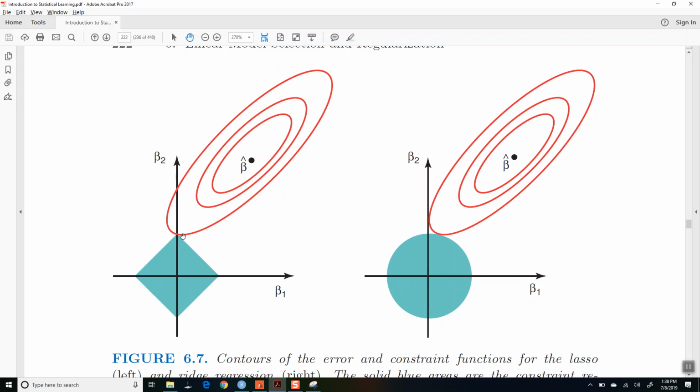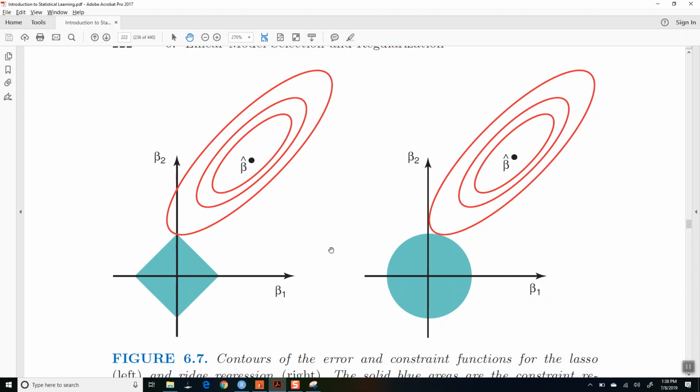And what a corner means is that one of the variables is 0 and the other variable is not 0. If you extend this into hyperspace, you'll still get corners, or vertices of some polyhedron.